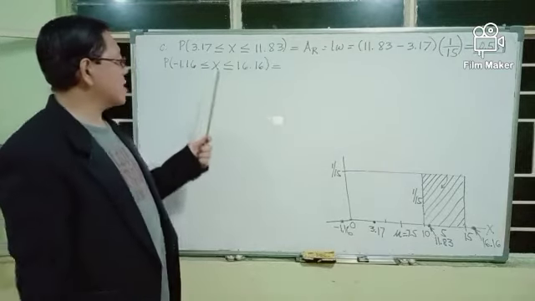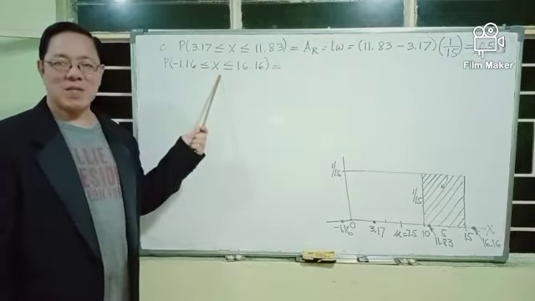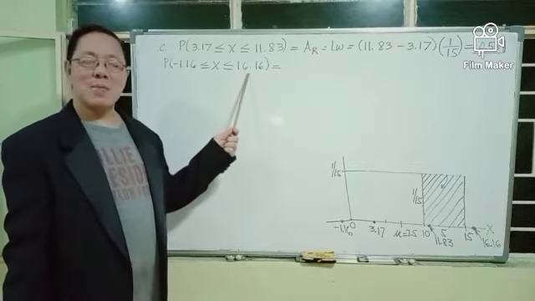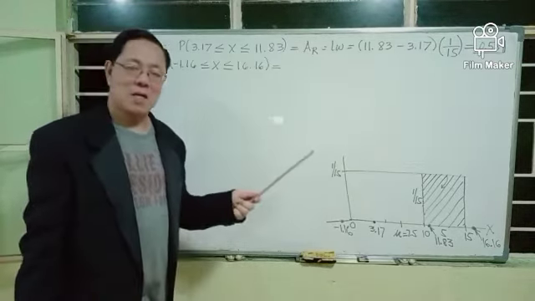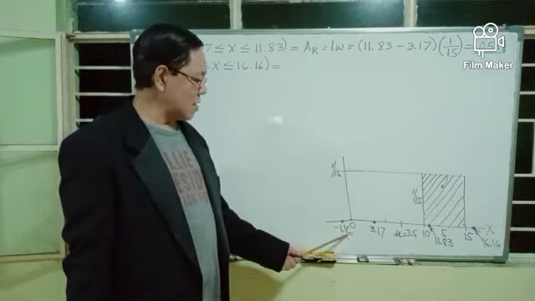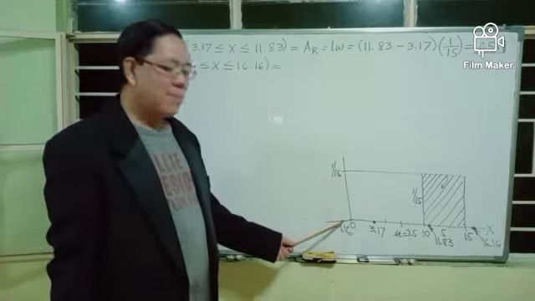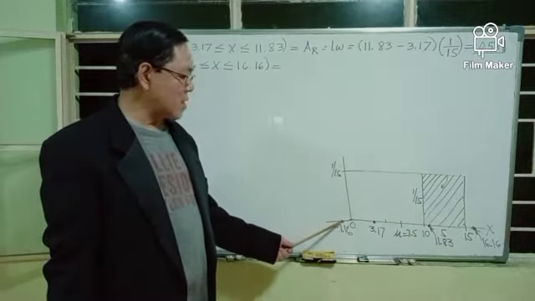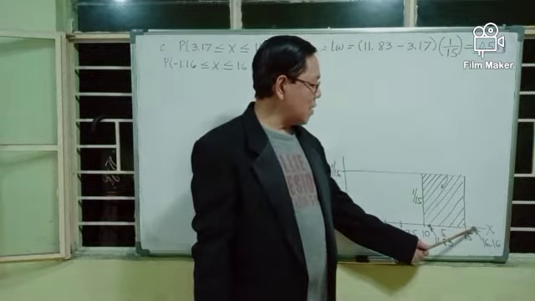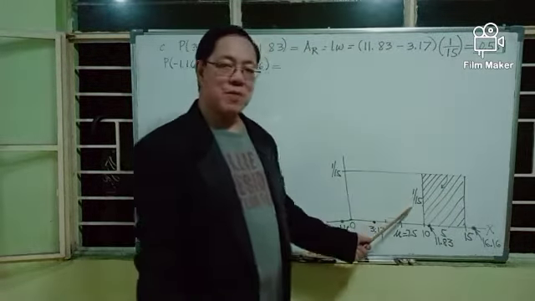This probability is equal to the area of the rectangle bounded by the vertical line through negative 1.16 with a height of 1 over 15, and the part of the horizontal axis from negative 1.16 to positive 16.16, also bounded by the vertical line through 16.16 with a height of 1 over 15.